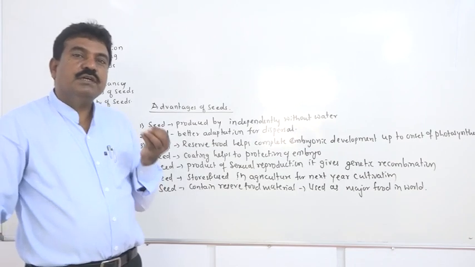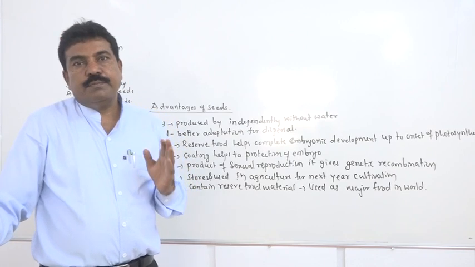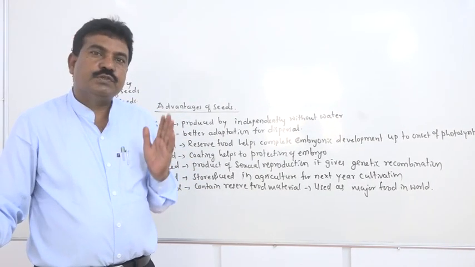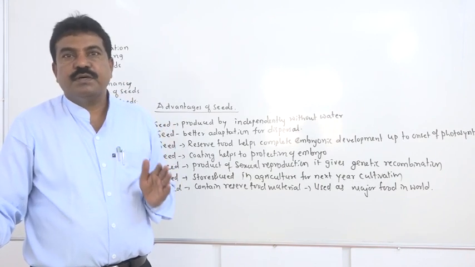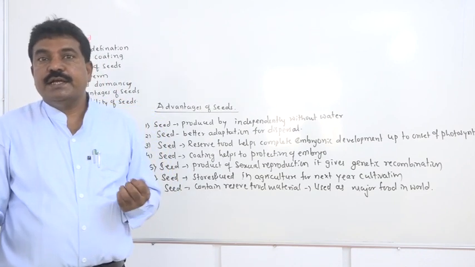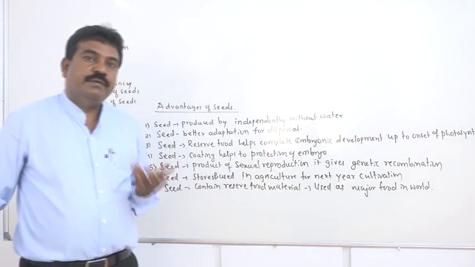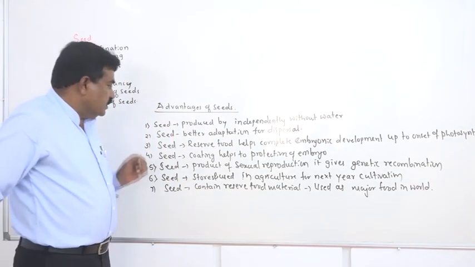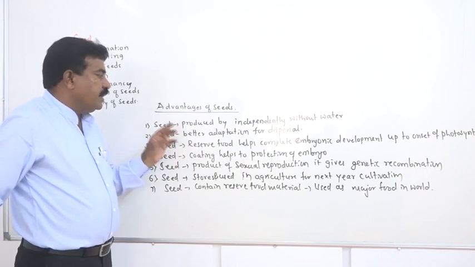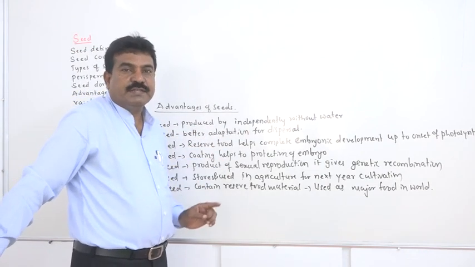Only 30 genera of monocots have the ability to be pollinated by water. The rest of all angiosperms and even gymnosperms are pollinated by different agents, especially animals like insects, or predominantly honeybees. The second advantage is that the seed has a better adaptation for dispersal from one place to another.